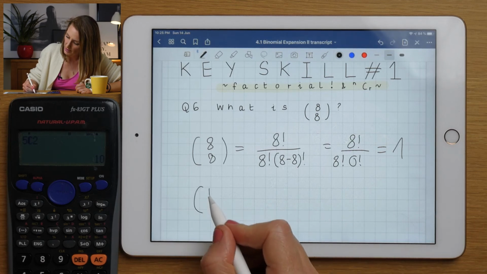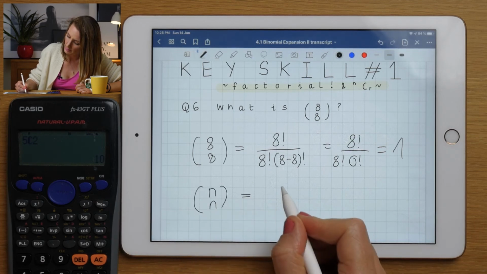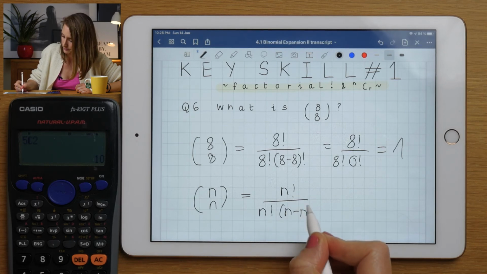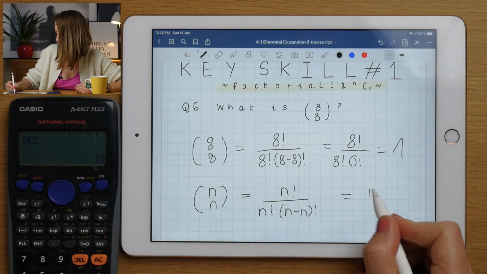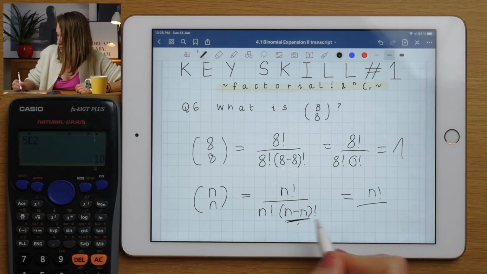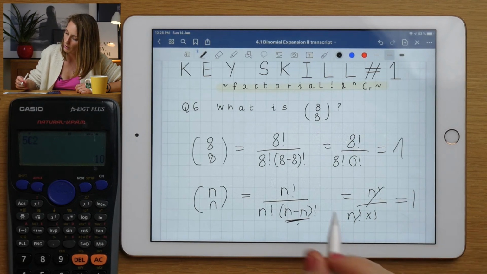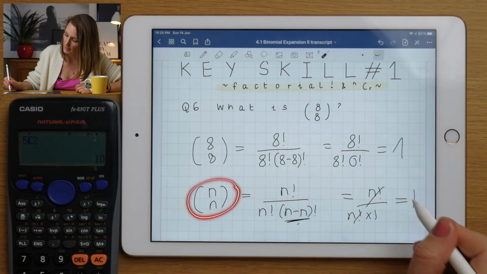And if we wanted to prove it, n choose n: n factorial top, that would be the bottom, top minus bottom. So we would have n factorial, that 0 factorial would be 1, or n factorial times 1, and they would cancel out and you would get 1, which is why n choose n is always 1.